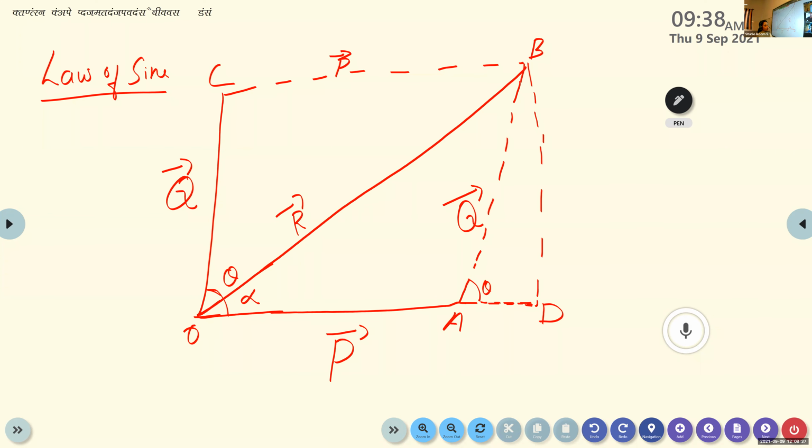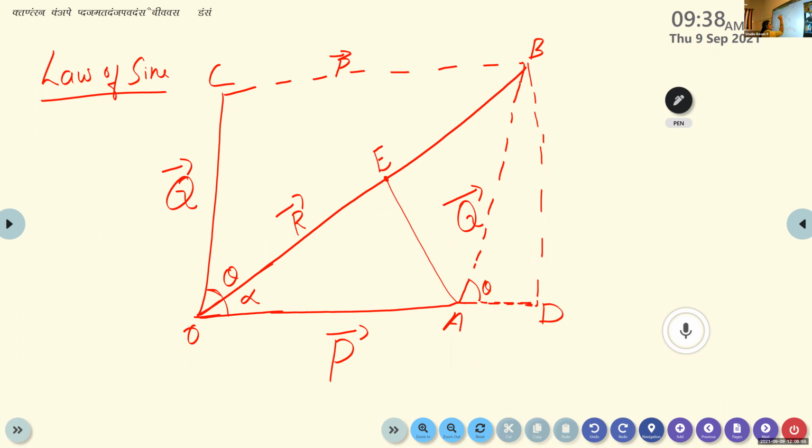So in order to derive an expression for law of sine, here we consider some cases. We draw a line that is perpendicular to the resultant vector, and it coincides at this point.